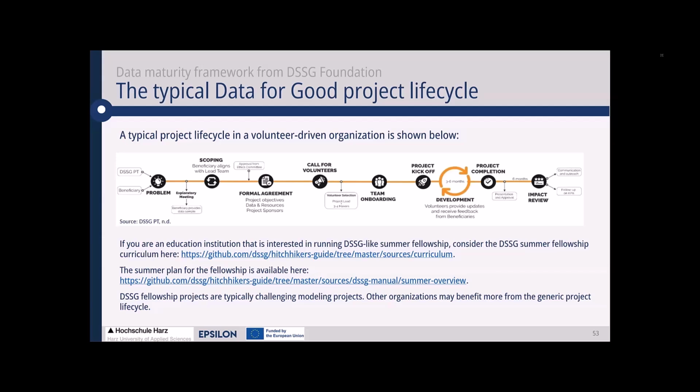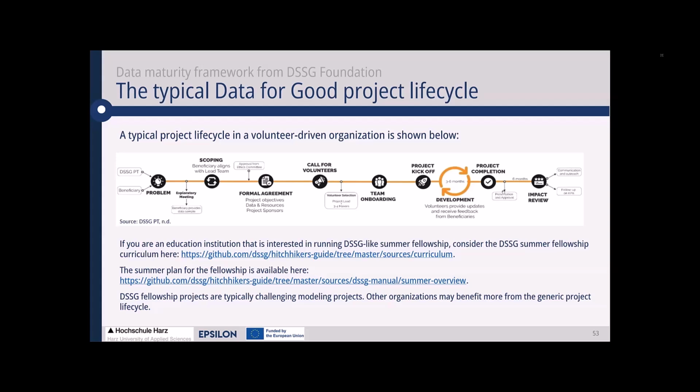Then, after the project is completed, the work is not done, because then, after the project completion, there will be a presentation to the beneficiary and a handover. And this handover is crucial because during the whole process of the project, there should be at least one person from the organization that takes care of the results and takes care that the results are properly implemented within the structure of the organization.